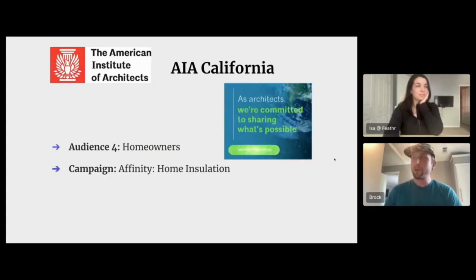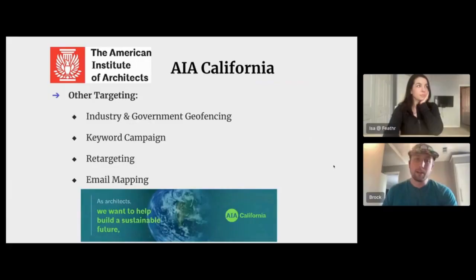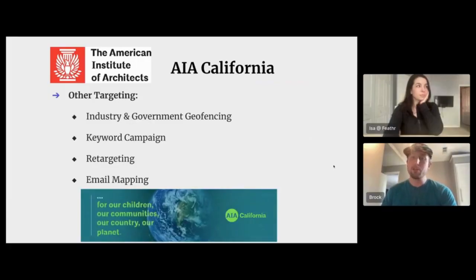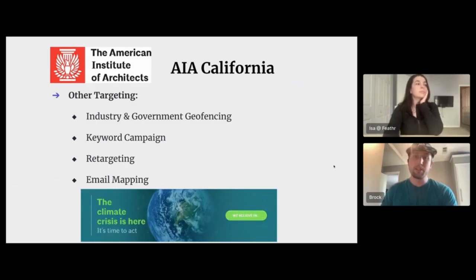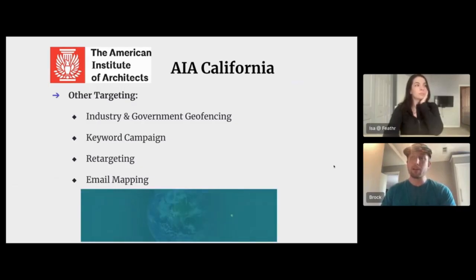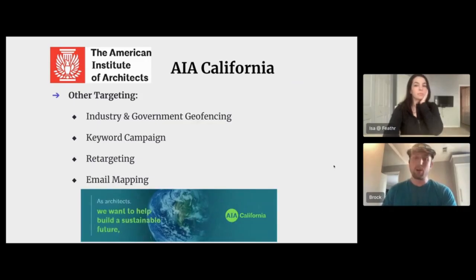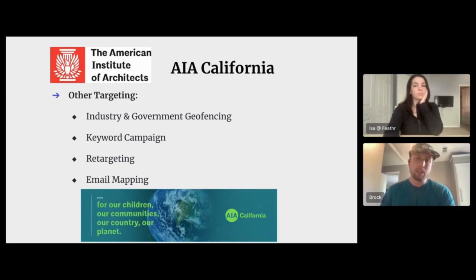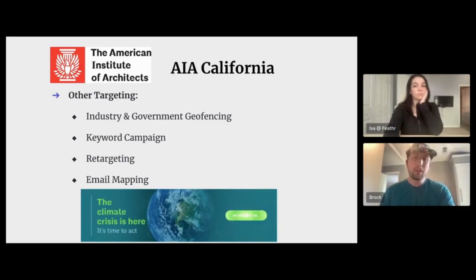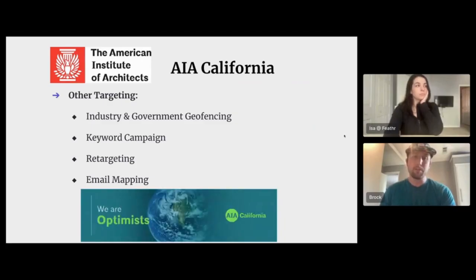Now, those are the awareness campaigns, but we also have some other targeting. First, we have industry and government geofencing, so targeting specific industry events and government organizations with our ads. And this is kind of a more broad ad at the bottom here that we're showing these different categories. A keyword campaign, which Isa has talked about for a few different campaigns.